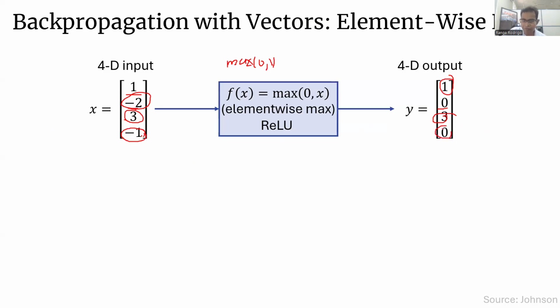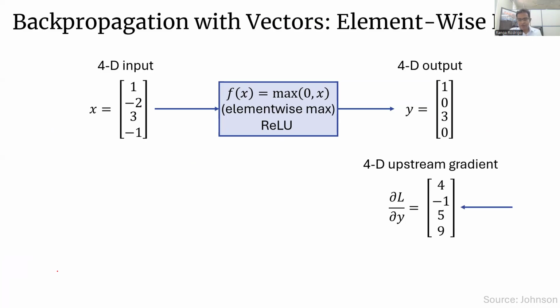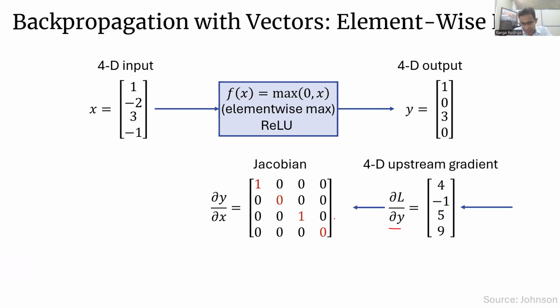Now, how do you backpropagate? So think that this is the upstream gradient. Don't ask how this was obtained. We write it. This is the upstream gradient. We take it, for example, partial derivative of L with respect to y. Of course, it must be of the same size as y. Then the Jacobian is this.